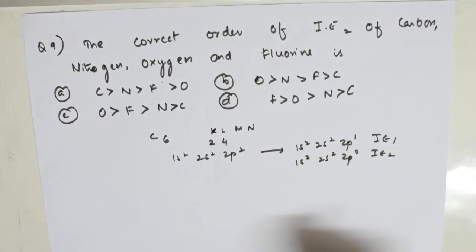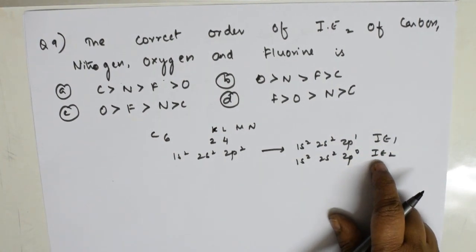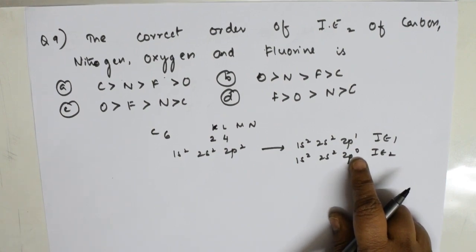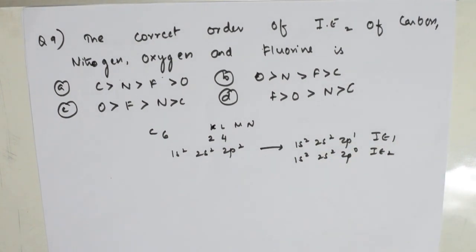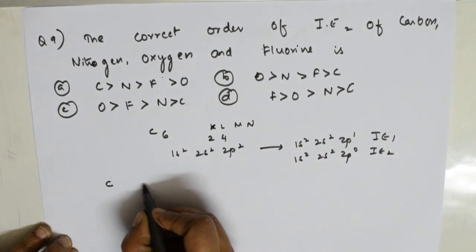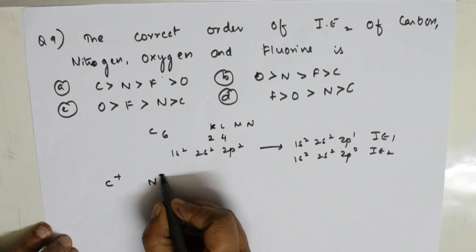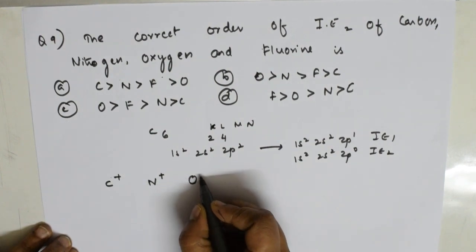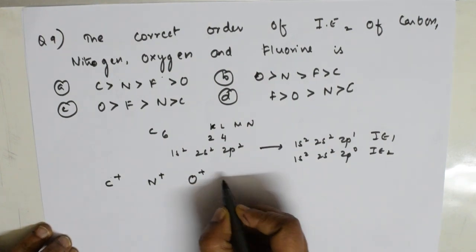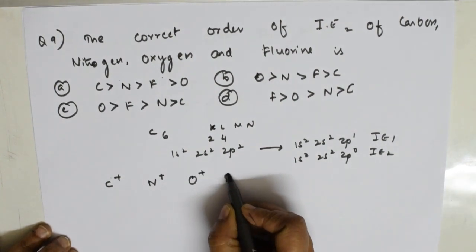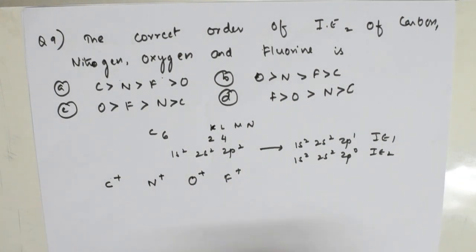So what happens here, using IE2 and pulling out that one charge from each element, means I have to take out that one electron. It will affect the ionization energy. How it will affect, let us write the charges and see. Carbon +1, nitrogen +1, oxygen +1, fluorine +1, means it is losing one electron.